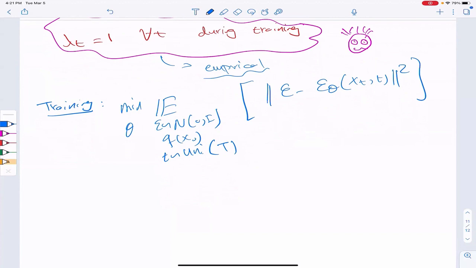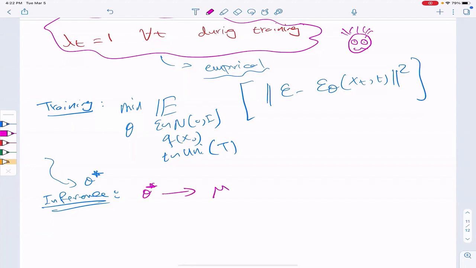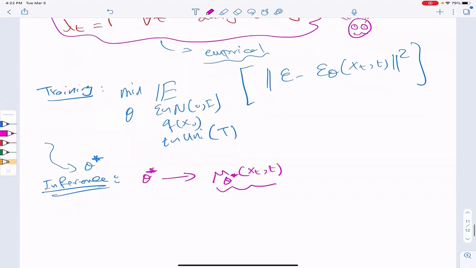And in the inference time, after you trained, you learn this theta star. So you have theta star, right? You basically have mu theta star of xt and t. So you generate a sample.